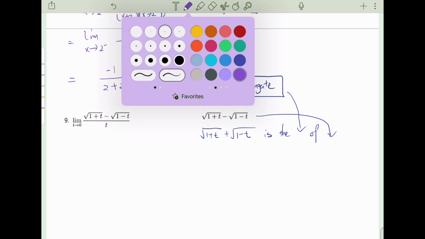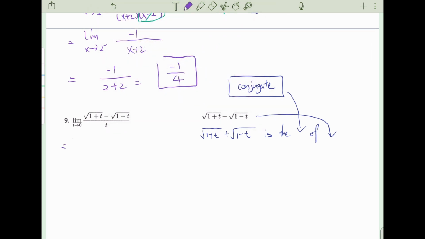Now, the technique is to multiply the top and the bottom by the conjugate. So I am multiplying the top with 1 plus t plus 1 minus t, and at the same time multiplying the bottom with 1 plus t plus 1 minus t.